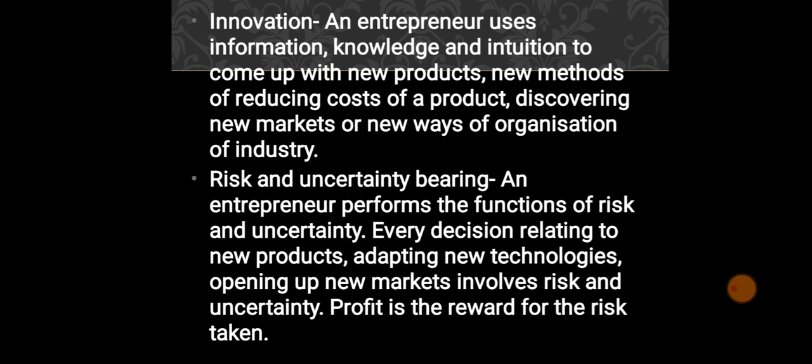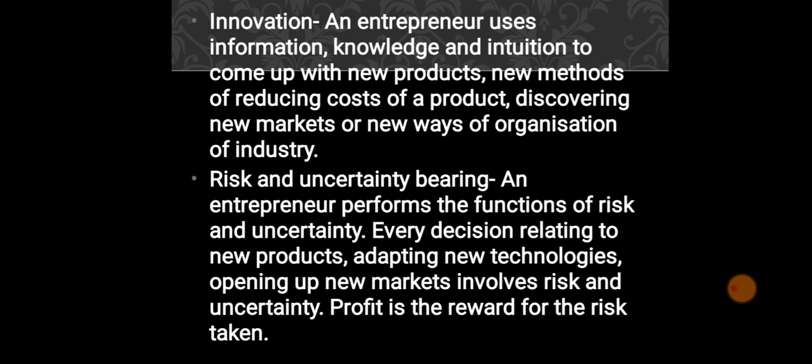The second function is risk and uncertainty bearing. An entrepreneur performs the function of risk and uncertainty bearing, since an entrepreneur is a person who brings all the factors of production together in order to produce goods and services. He is a leader here, and that is why a leader always has some risk in it.